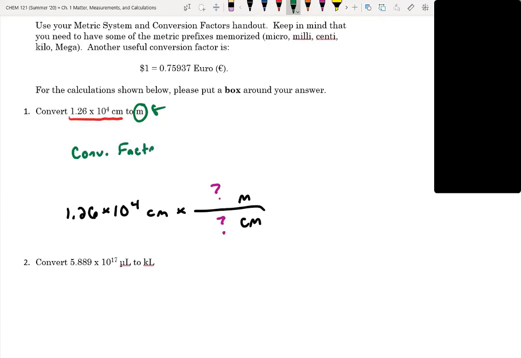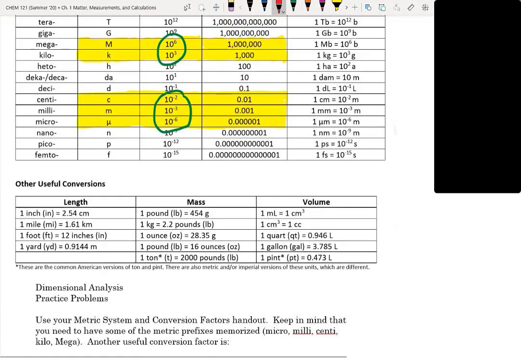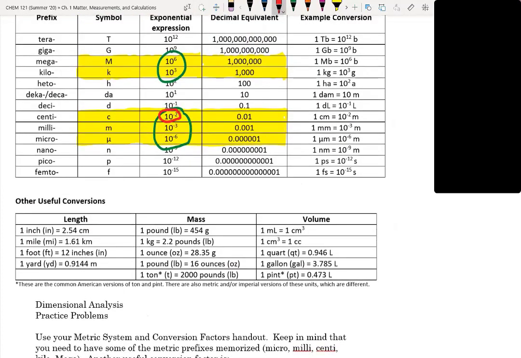And to find our conversion factor, there's a few ways to do this. Let's think about 1 centimeter, right? Centi is one of the prefixes that we had up above. And centi, if we go and look up above, is 10 to the negative 2, right?